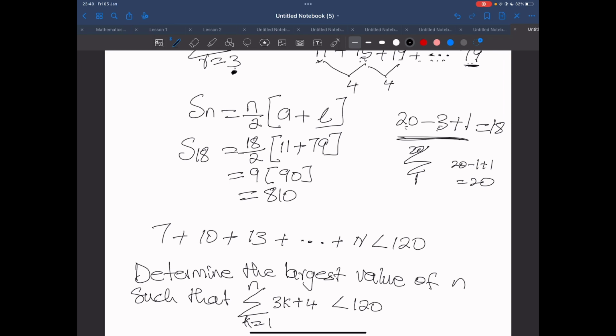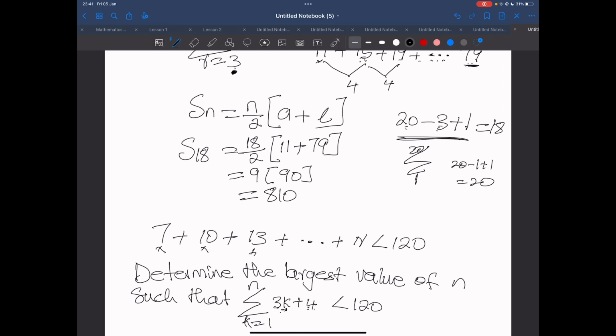So we said that the first step is to expand. When we expand, remember we start with substituting k by 1. So 3 times 1 is 3 plus 4 is 7. So it gives us this 7 here. When we put a 2, we have 3 times 2 is 6 plus 4 is 10. So it gives us this 10 here. And for the third term, we put a 3. 3 times 3 is 9 plus 4 is 13.